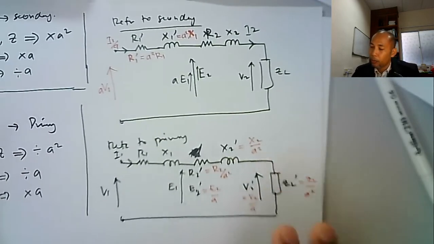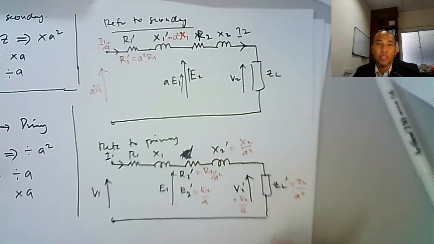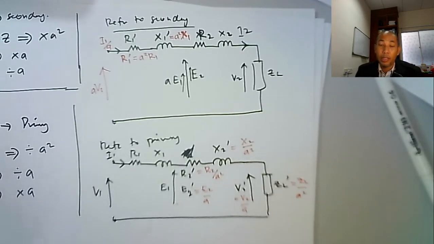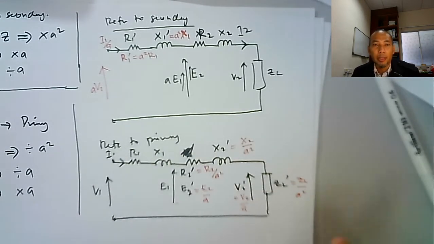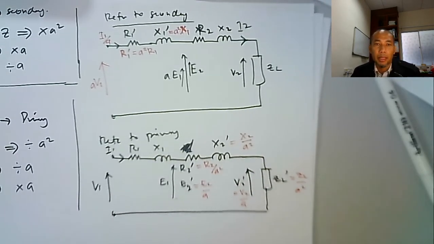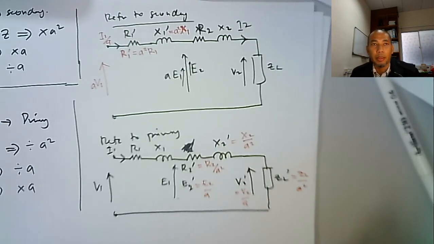From these two circuits, we combine the secondary part and primary part together. This circuit is very easy, we can use it for the next analysis of circuit theory.